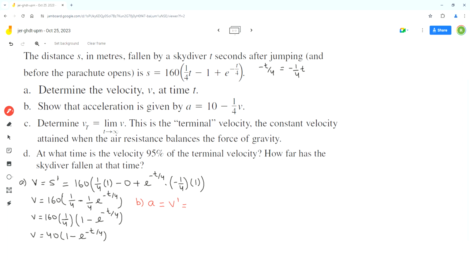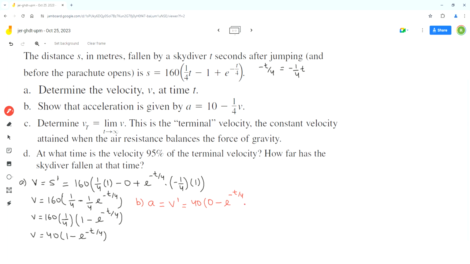Now in the velocity function, 40 is the coefficient of the term, so it will stay as it is. And in the parentheses, the derivative of 1 is 0 minus, and for the exponential e term, the derivative will be the e term as it is, times the derivative of the exponent.